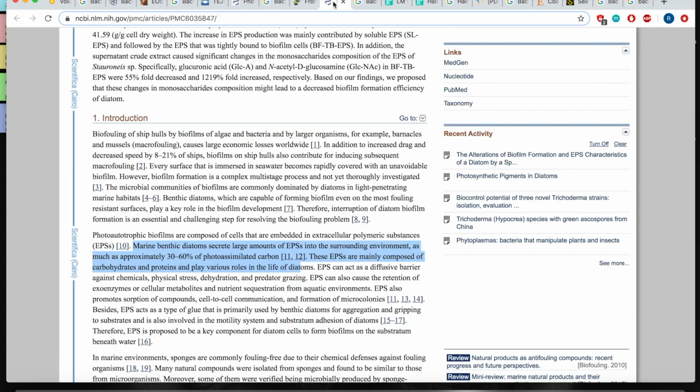I also use this to help me with the annotation for content production, because I'm seeing that there are carbohydrates and proteins being produced through the production of EPSs, so I'm going to annotate yes for content production and annotate carbohydrates and proteins.